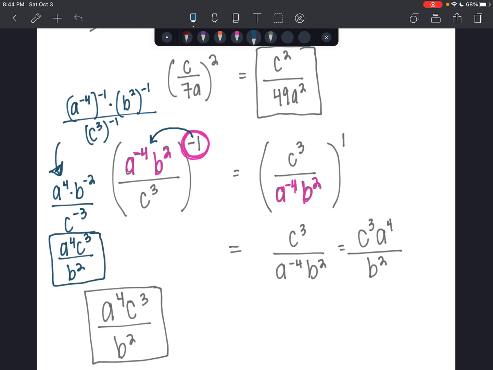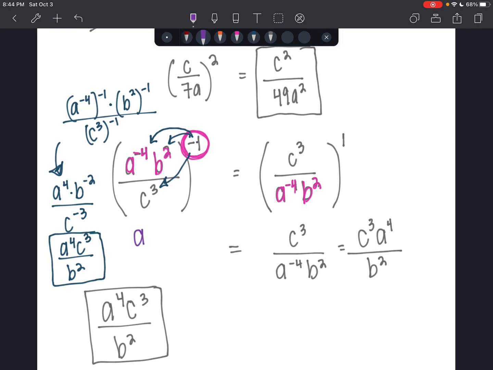Now, if you like the way I did it just there, you can do it that way. There's lots of different ways that you can do this problem to simplify it. What I did with that arrow, I'm going to show you in purple. I just think of it as kind of distributing that exponent to the exponents that are on the inside.